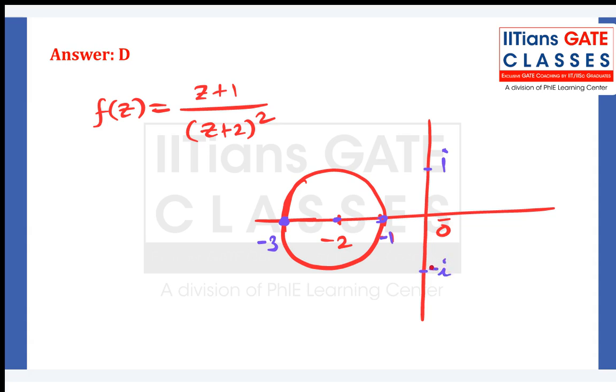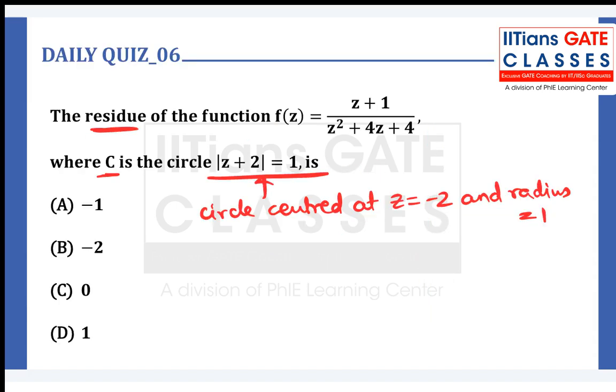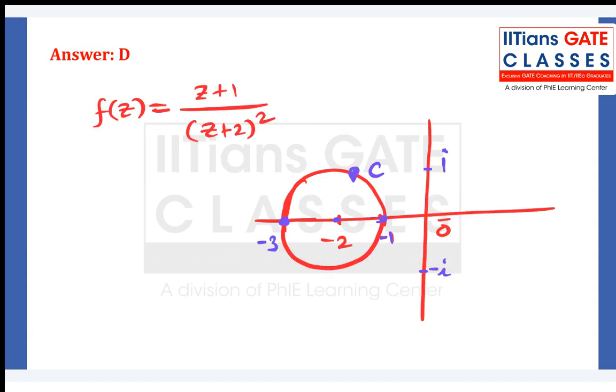So this is your closed contour C, and they have not mentioned any direction, so we can assume counterclockwise because that is the positive direction, conventionally assumed. Now we are supposed to find the residue. If you look at this, f of z has a pole at z equal to -2, and that point is inside the closed contour C, so you are supposed to consider the residue.